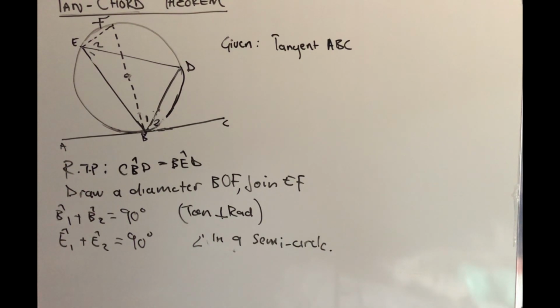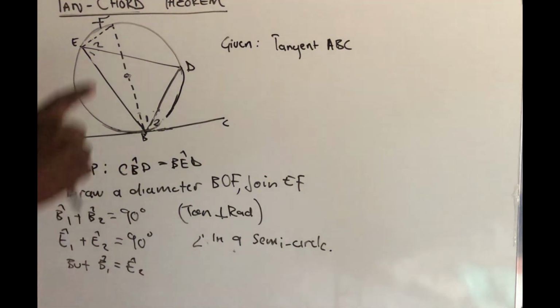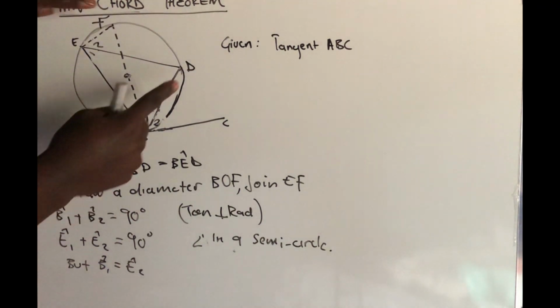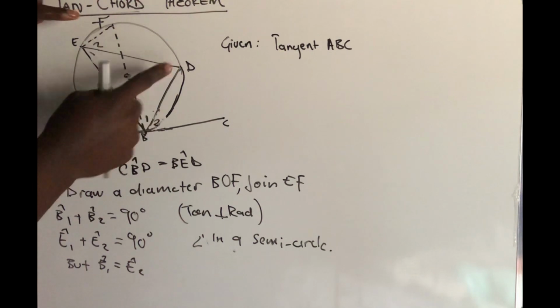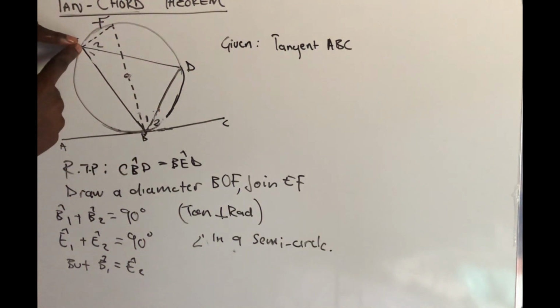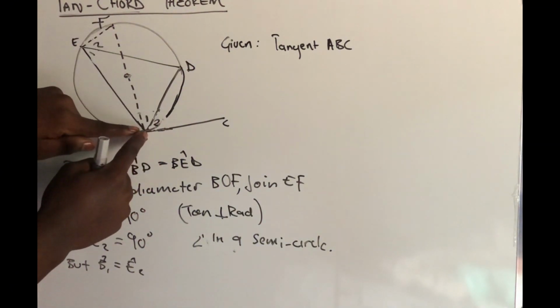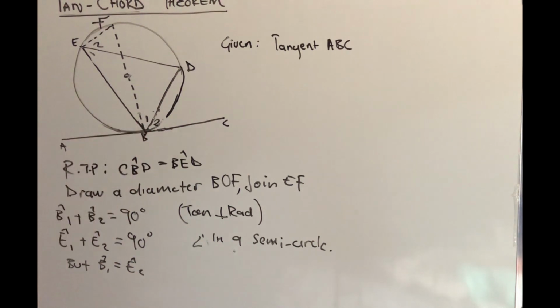What's the reason? FD subtends equal angles at the circumference. So FD subtends E2 first, and FD again subtends B1 at the circumference.